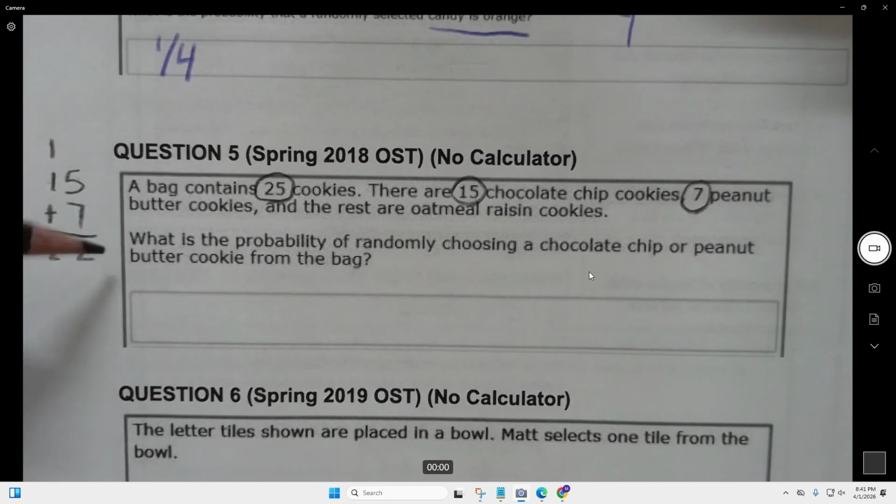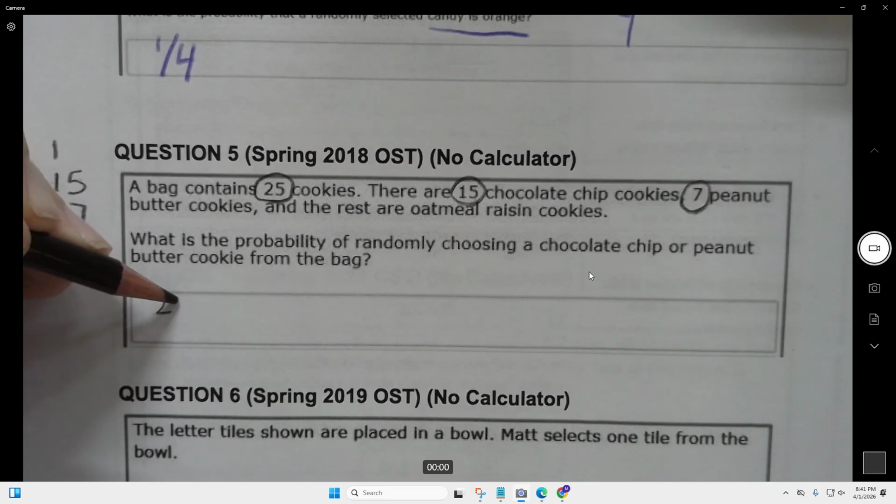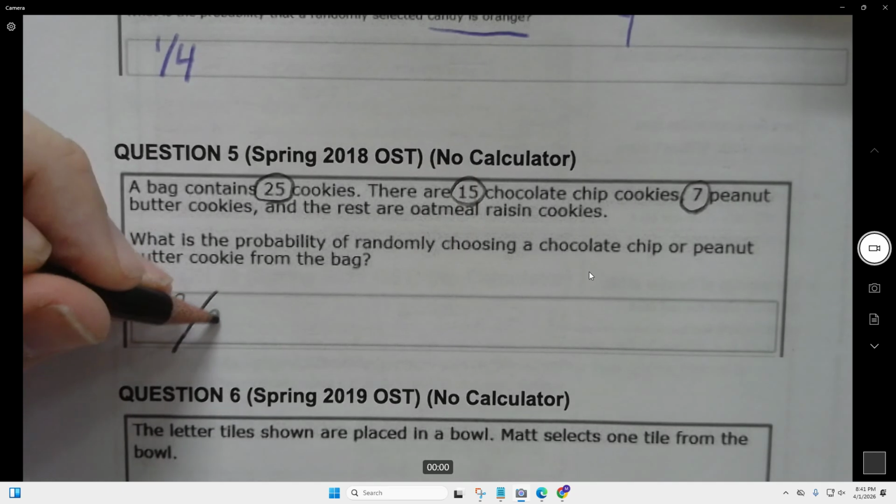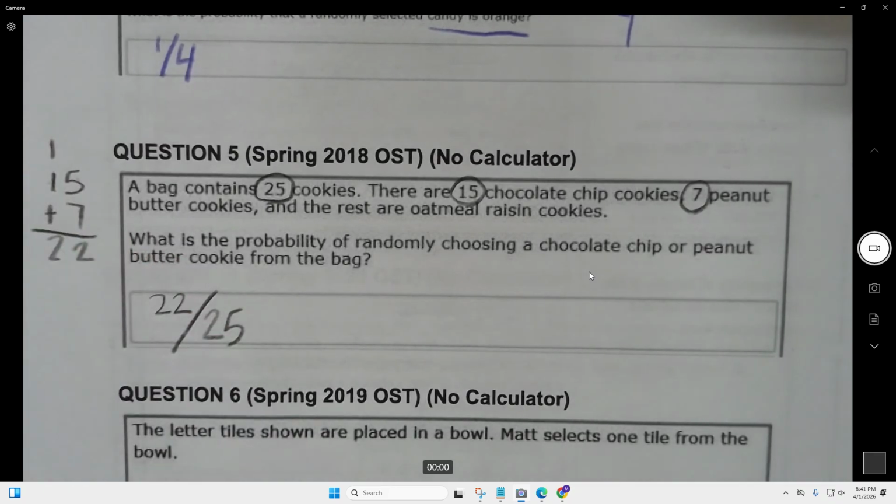So you have 22 possible cookies out of a total of 25. That's it. There's no simplifying required. You just put how many are good options out of the total.